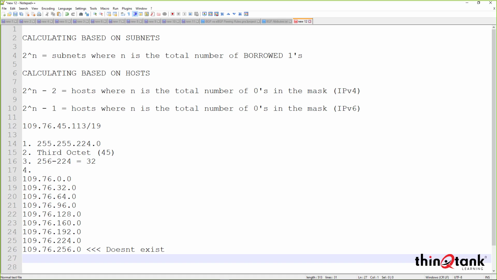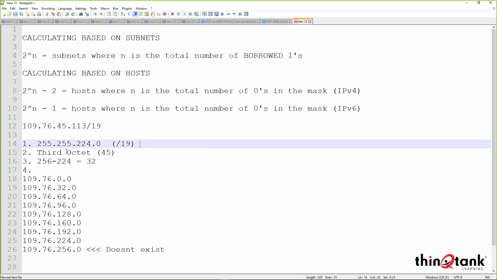Do you understand how I got number one? The 255.255.224. Maybe you can't do it quickly in your head, but do you at least understand mathematically the principle between a /19 equals 255.255.224.0? Because that's 19 ones, right? /19.